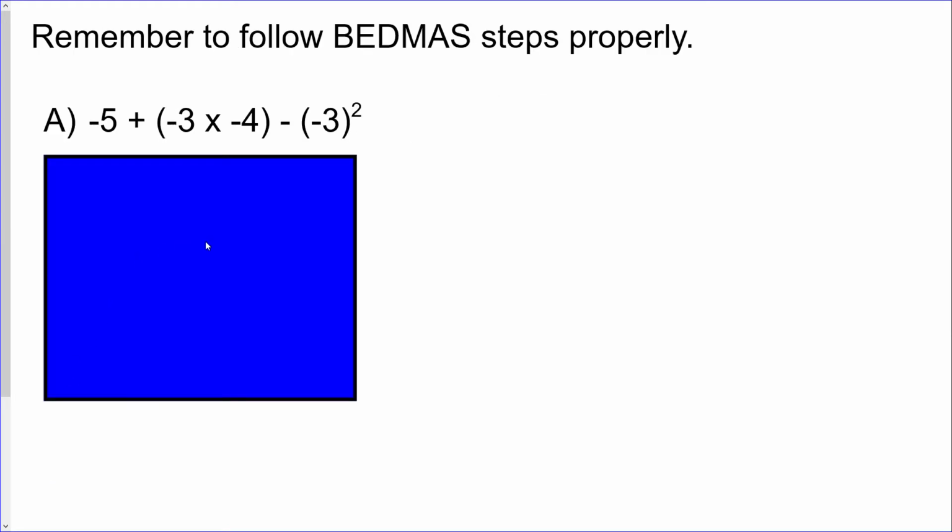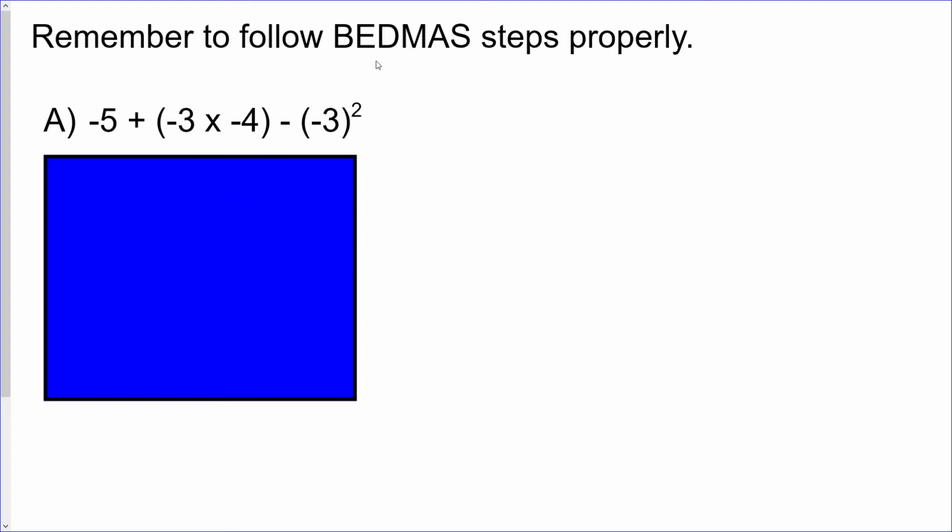Now, remember to follow the BEDMAS steps properly. We've done this several times this year already with regular whole numbers near the start of the year. We did this with fractions. Now we're doing this again with integers. So we're applying slightly different numbers, but the same steps.